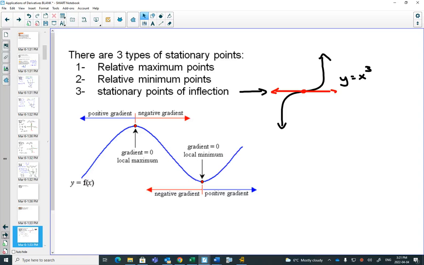And if your derivative changes from negative to positive, it has to change from decreasing to increasing. The only way that could happen is that it is a minimum. And if it stays increasing, increasing, or decreasing, decreasing, if your derivative doesn't change, but it's equal to 0 in between, that's where you have a stationary point of inflection.